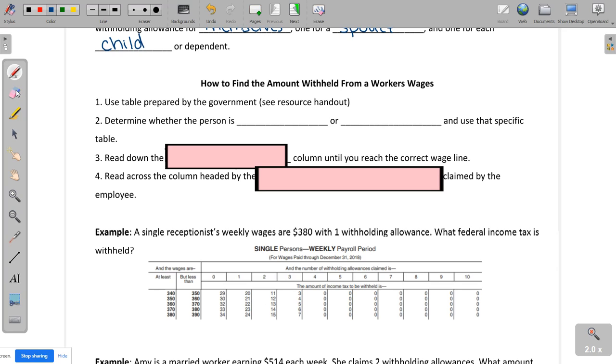We are going to determine whether the person is single or married, and that tells us which table to use. The first table is for a single person, and the second table is for a married person.